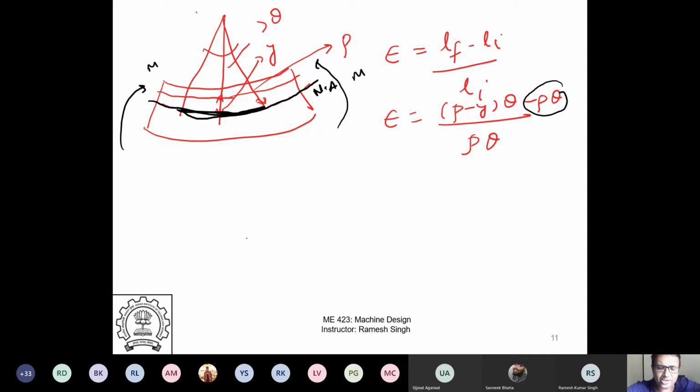If the beam takes a radius of rho, the initial length will be rho theta right here, which I have shown here. Let me show it more clearly. This highlighted portion in black is rho theta. Now if I go at some y distance up, this distance would be rho minus y times theta, right? So this is Lf. So Lf is rho minus y times theta and Li is rho theta.